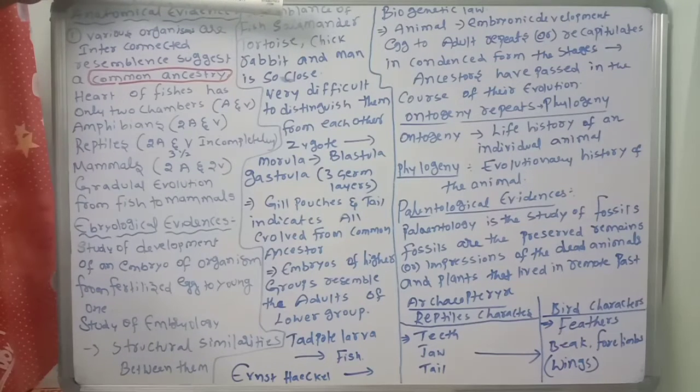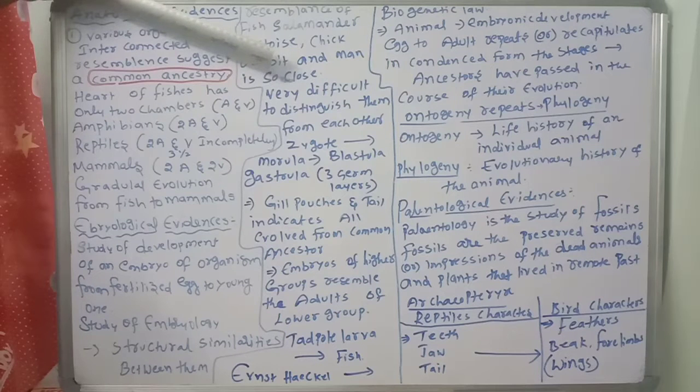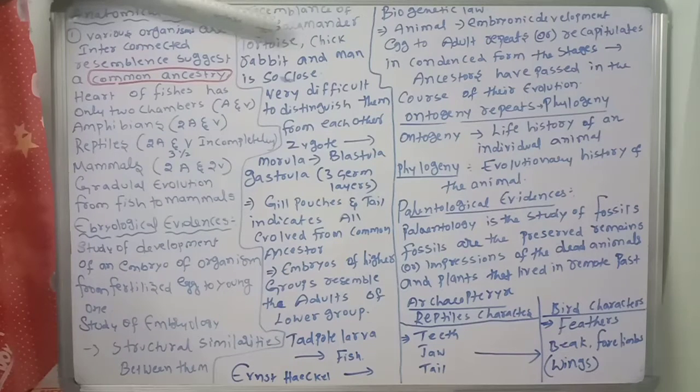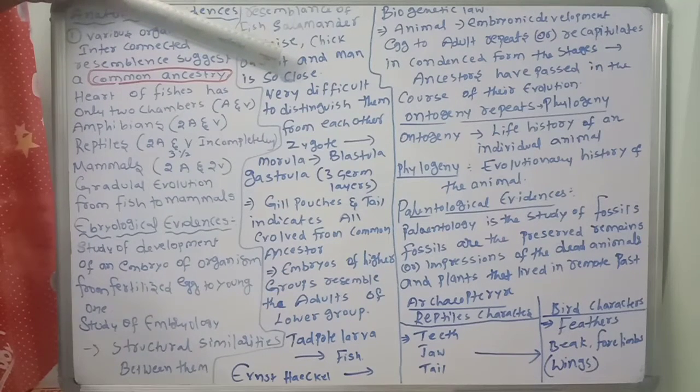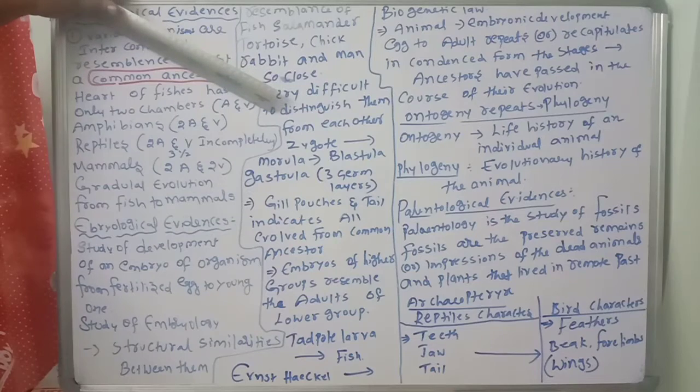For example, early embryos of fish, salamander, tortoise, chick, rabbit and man are so close. Very, very important. Very difficult to distinguish. We can't separate them from each other.